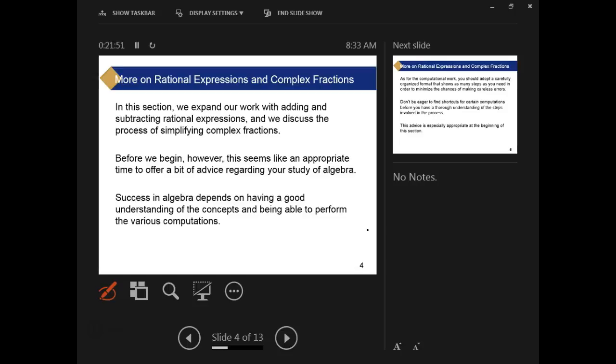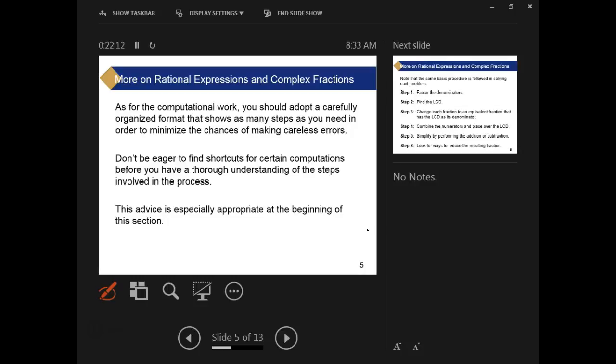Before we begin, however, this seems like an appropriate time to offer a bit of advice regarding your study of algebra. This is sort of like editorial here at the beginning. Success in algebra depends on having a good understanding of the concepts and being able to perform the various computations. Yeah, okay. They're really editorializing. As for the computational work, you should adopt a carefully organized format that shows as many steps as you need in order to minimize the chances of making careless errors.